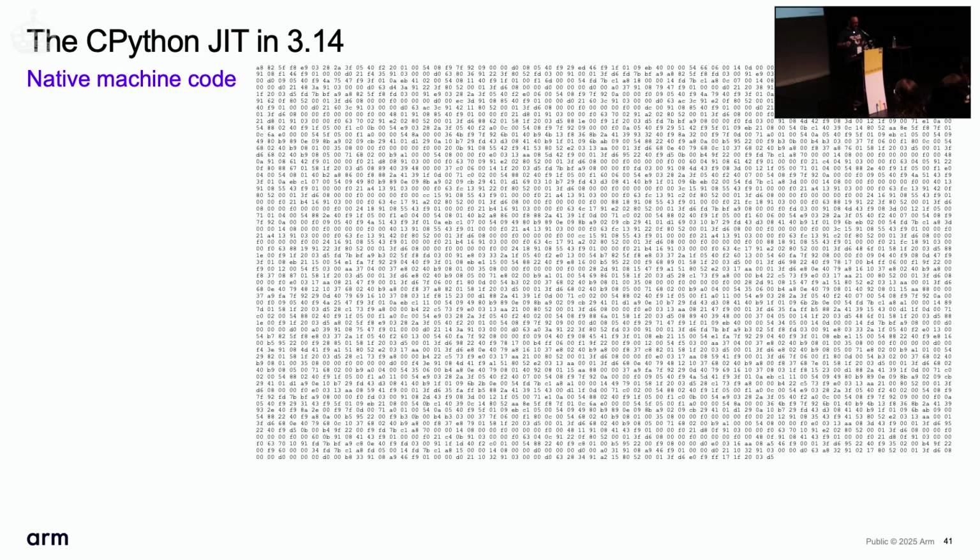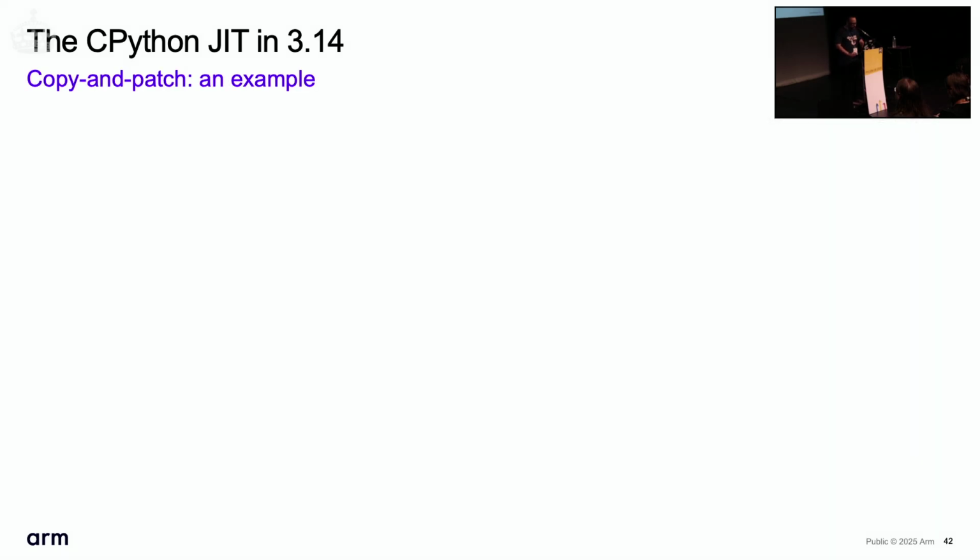That block is then called directly, bypassing the interpreter. What's clever here is that CPython avoids building a full code generator. It just reuses fast machine code fragments and stitches them together efficiently. This makes the system portable and much easier to maintain than a traditional JIT.